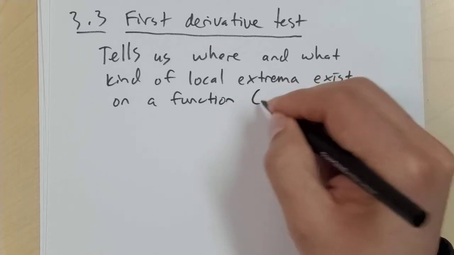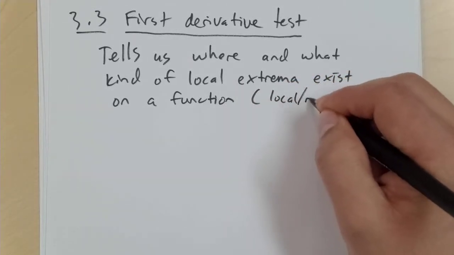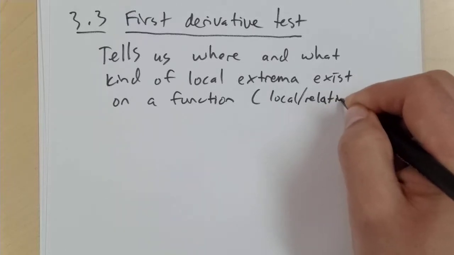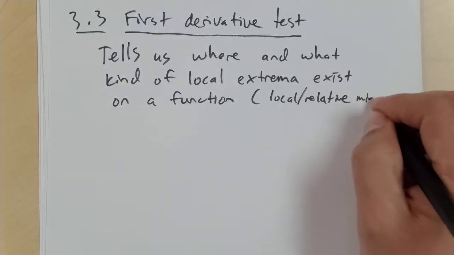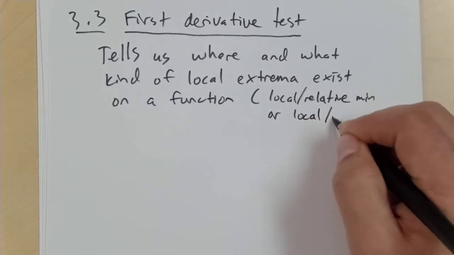Remember, we're talking about local min or relative. That's the other word we use. So local or relative min or local or relative max.